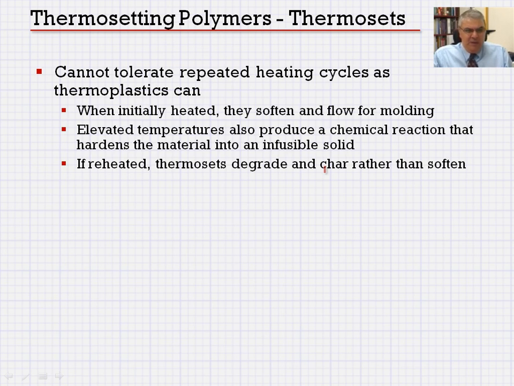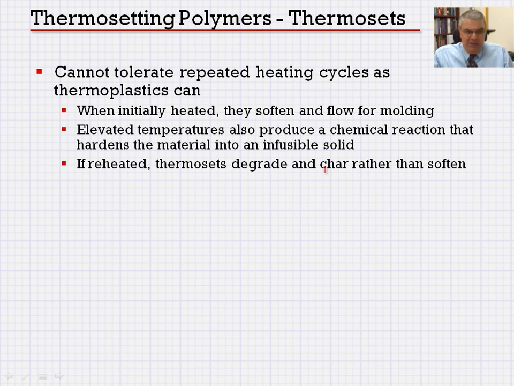What's the difference between thermoplastics and thermosets? Again, thermosetting polymers are called thermosets, and of course that's an abbreviation, and the singular and plural subject-verb agreement also applies here. They cannot tolerate repeated heating cycles as thermoplastics or TPs can.